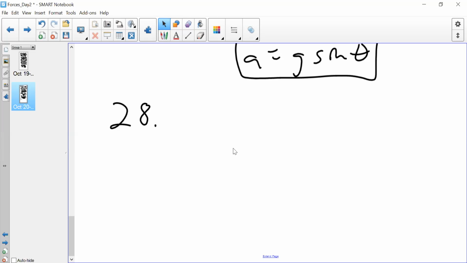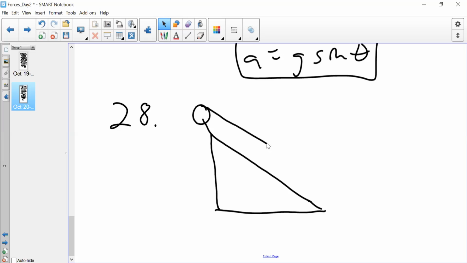Now, we have this ramp situation. We have a pulley, and it comes over here. Draw free body diagrams of both objects. Assume the incline is frictionless.